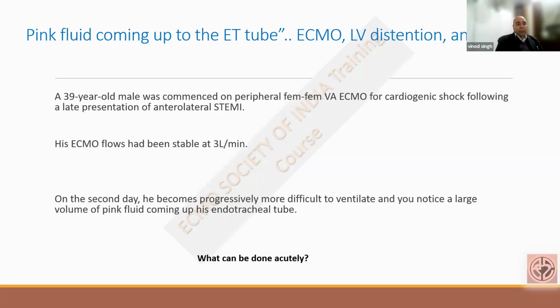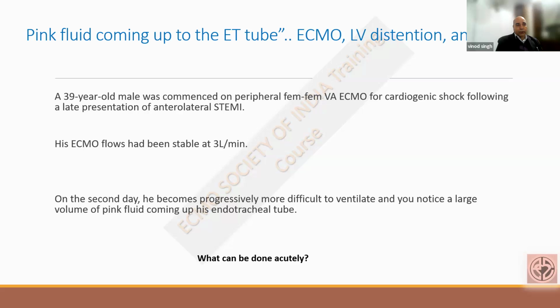Now come to the other complication of VA ECMO. Like you have put a patient on VA ECMO and you find that the patient has gone into pulmonary edema, with pink fluid coming from the ET tube. What is the option, how to investigate?